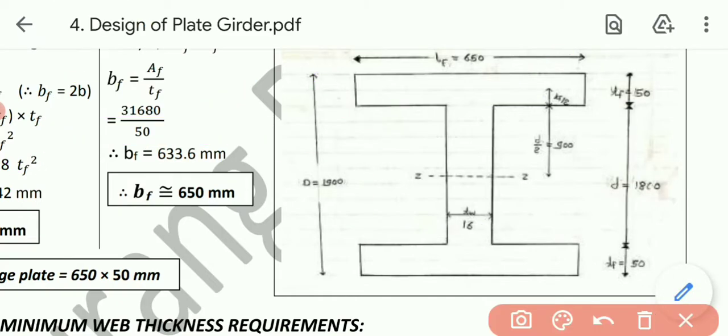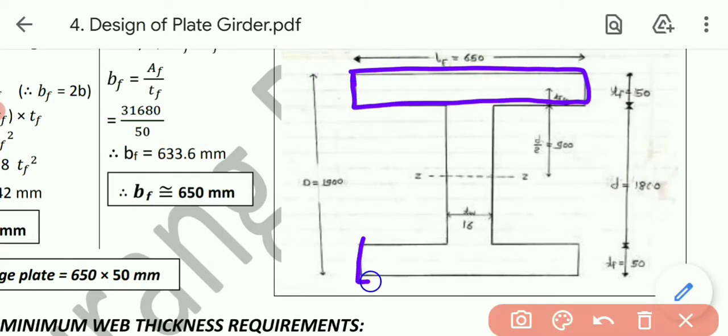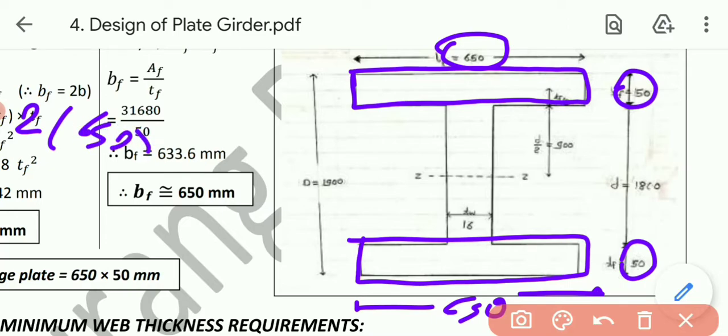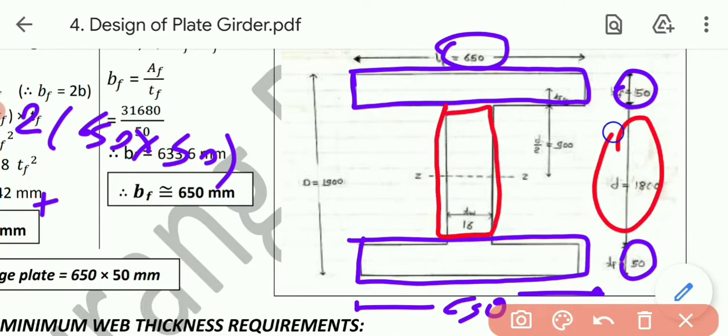We can easily say, top flange and bottom flange area, that is 2 times 650 multiplied by 50, plus area of the web, that is 1800 multiplied by 16.